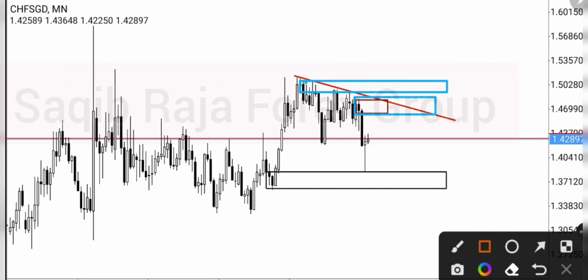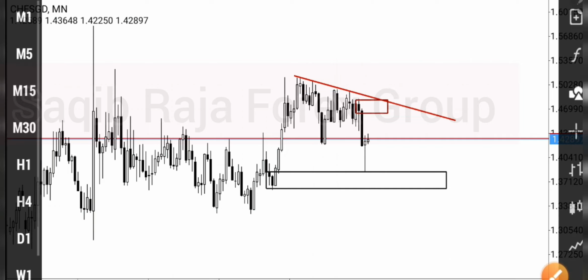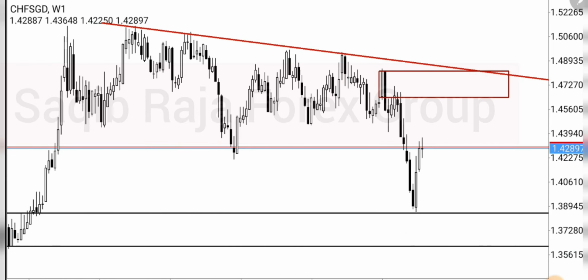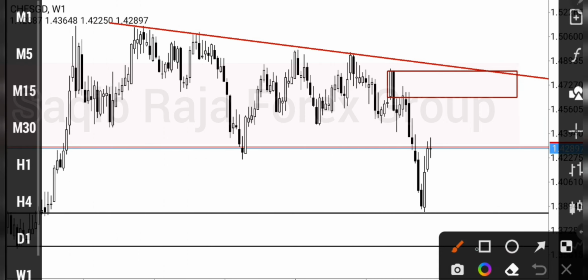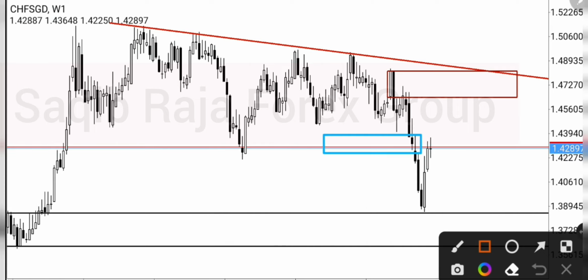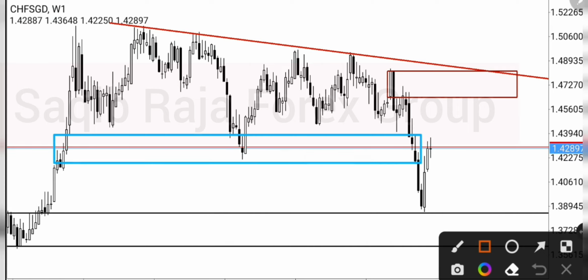Now let's check our daily chart first of all, or you can check the week chart as well. If you see this area, this area, maybe the market can retrace back from here. Why? Because it removed this area and this whole support area.